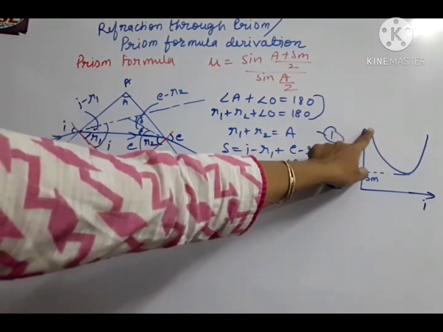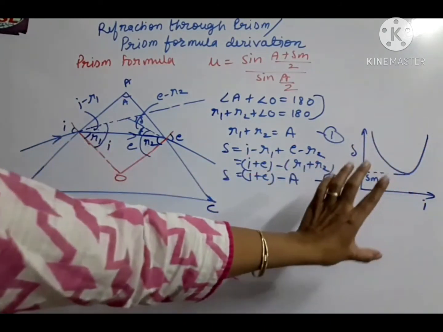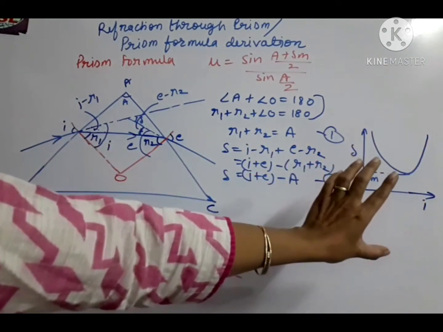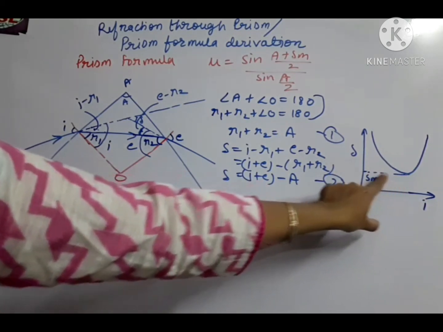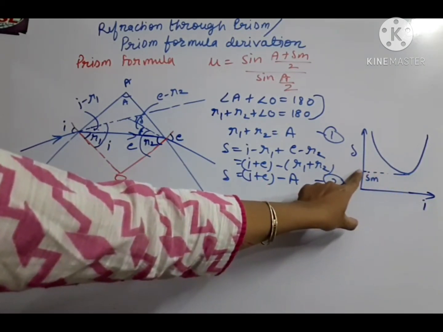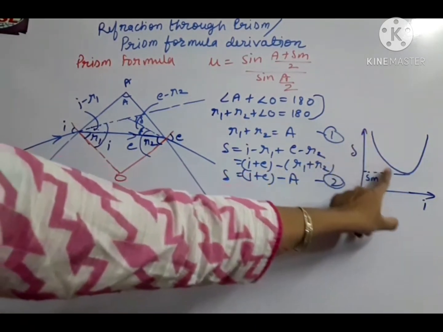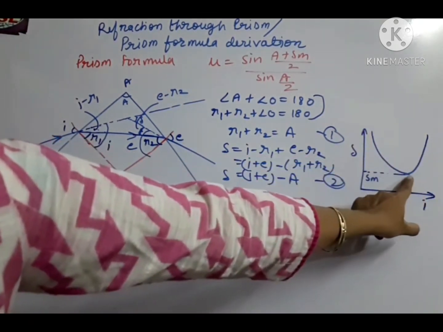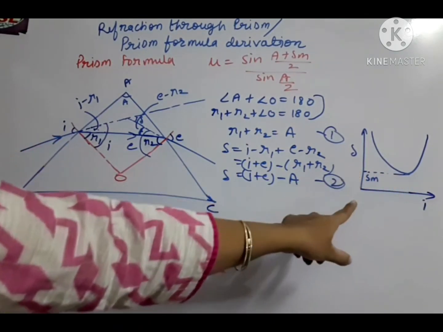The deviation angle initially decreases and then increases. This has been observed for all kinds of prism. That means there is one value where the deviation angle is minimum, which we call delta M.